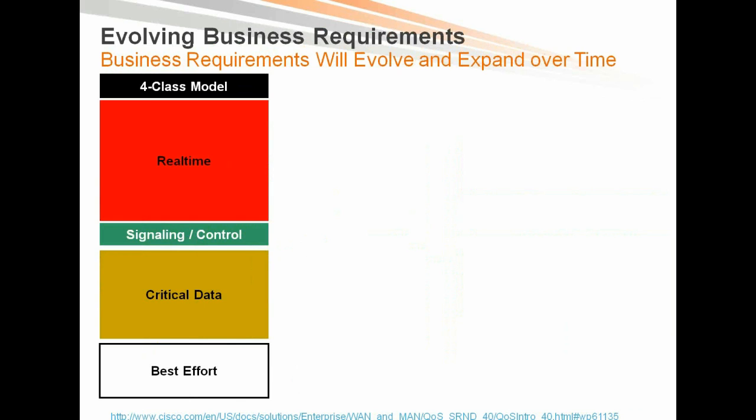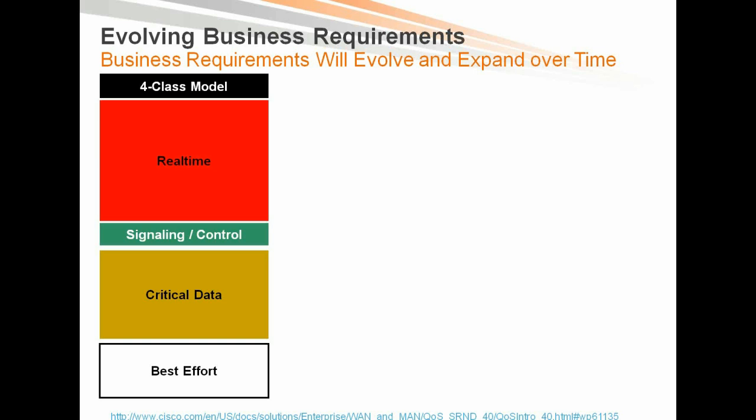The next thing to consider is as your network evolves, so will the number of classes within your QoS model. So you'll start out with a 4-class model most likely. If you integrate voice into your network, you may have real-time applications, and then you'll have to control the signaling with those real-time applications in a separate queue, and that queue may also have your network control and just overall control within it.